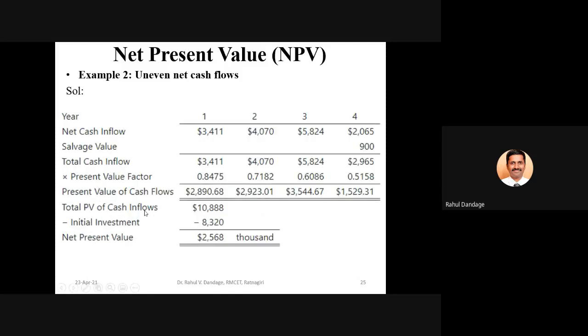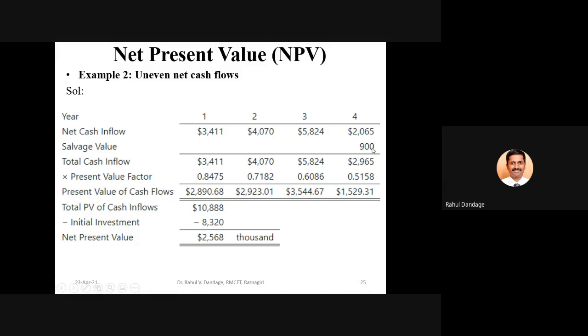So this is the sample calculation for this particular problem. This is year 1, 2, 3, 4, which are given. Net cash flow for each of the years is 3411, 4070, 5824, 2065. We have put it in the first row. Salvage value is not applicable in year 1, year 2, year 3.